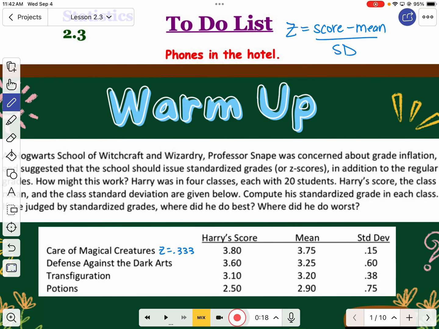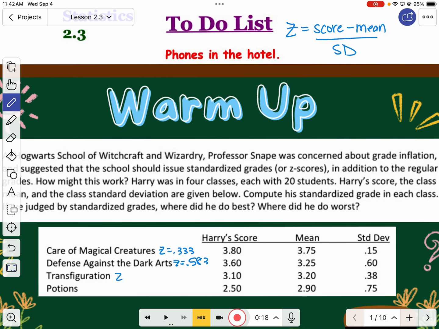Let's do the same thing for the next one. 3.6 minus 3.25, and then we divide it by 0.60, and we get 0.583. Do the same thing for transfiguration, 3.10 minus 3.20 divided by 0.38.